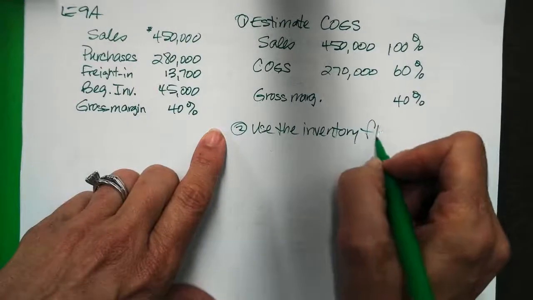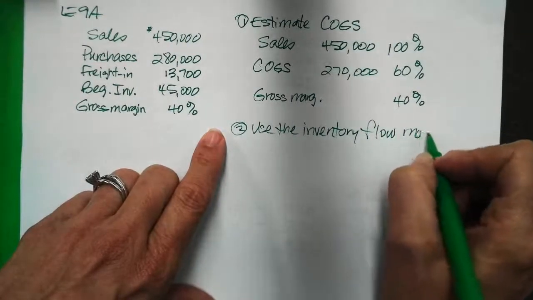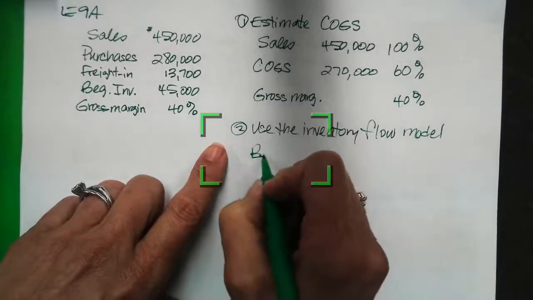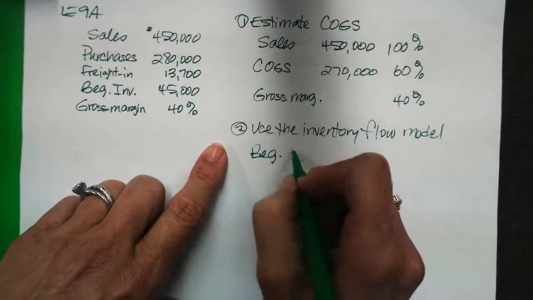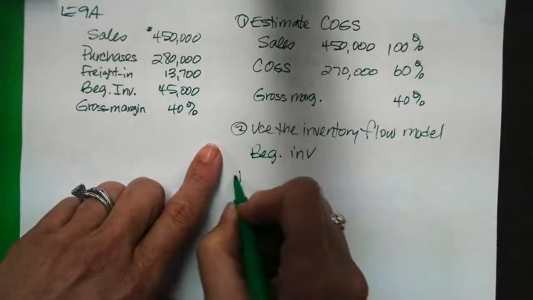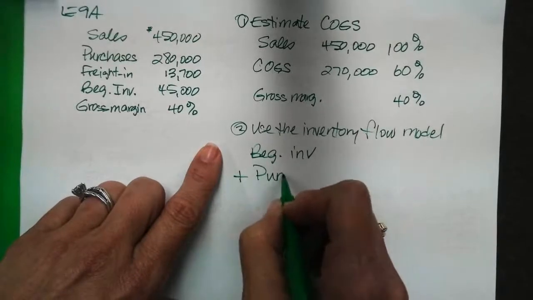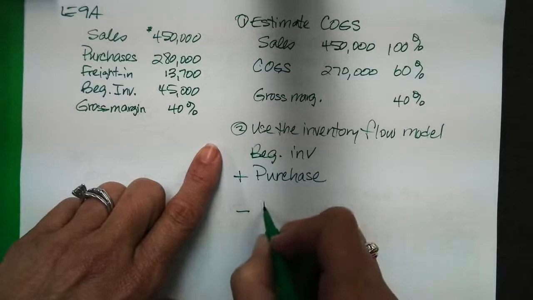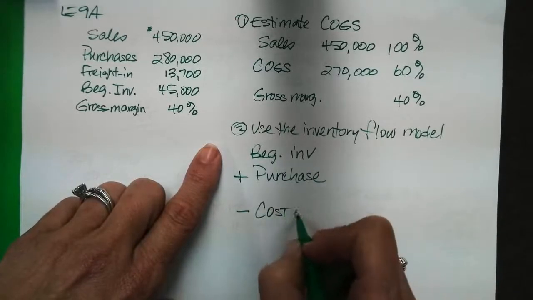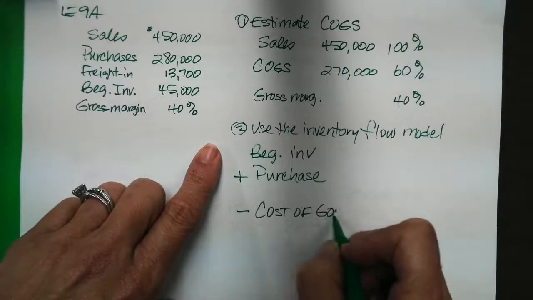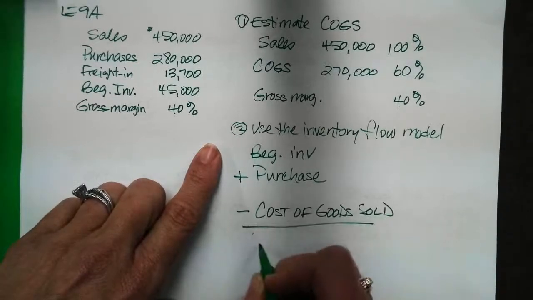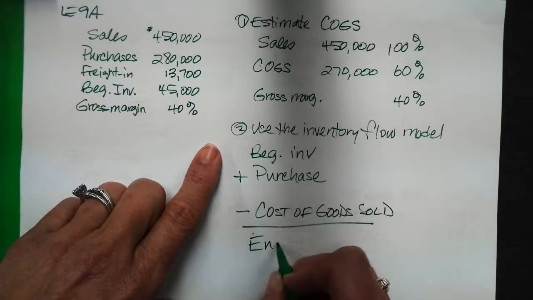Now, step 2 says use that information and use the inventory flow model. In other words, you know this. Beginning inventory plus purchases minus cost of goods sold leaves you with ending inventory.